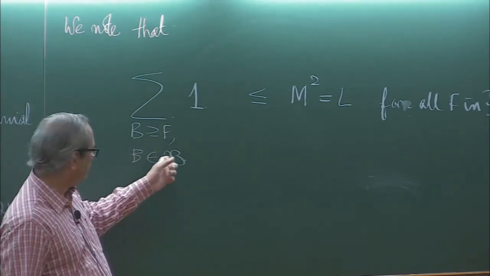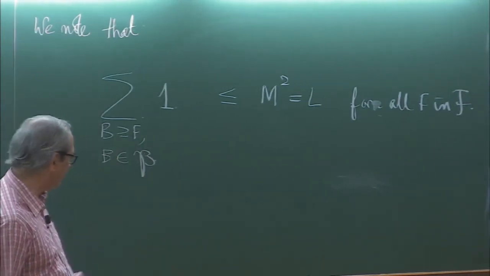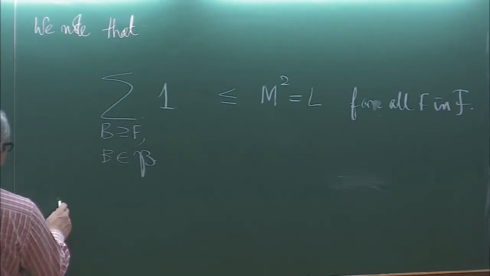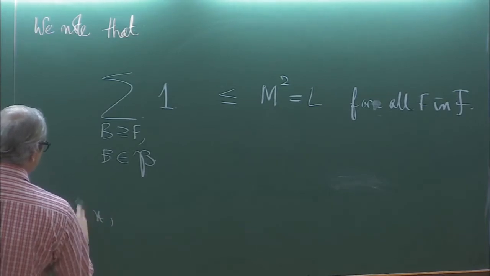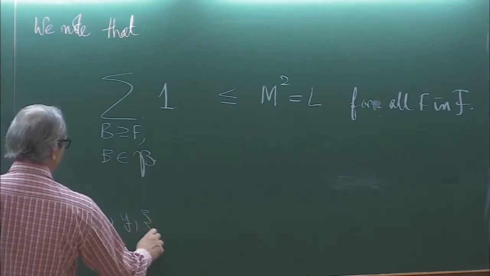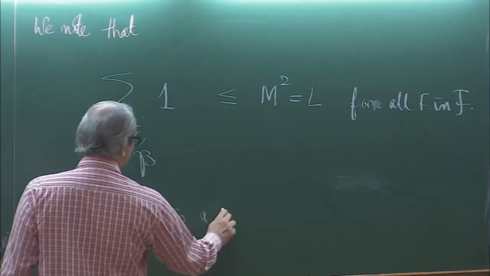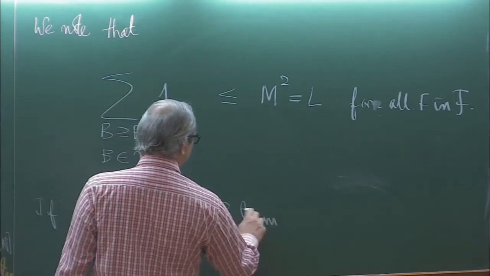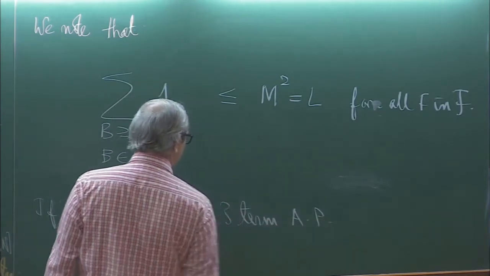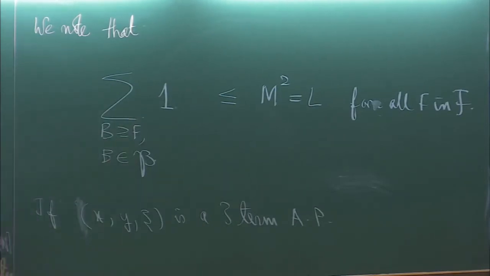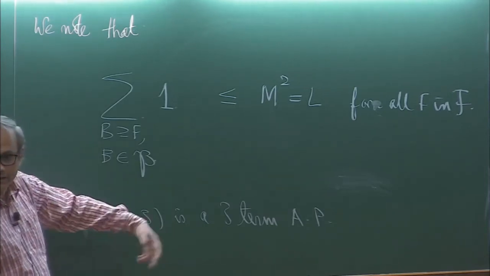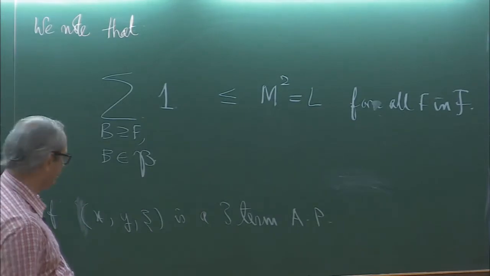Okay, and why are there at most m squared m-term APs that contain a given 3-term AP? It is simply because if x, y, z is a 3-term AP, then to determine the number of m-term APs that contain x, y, z, you only have to fix the position of, say, x and z in an m-term AP, and that AP is determined.